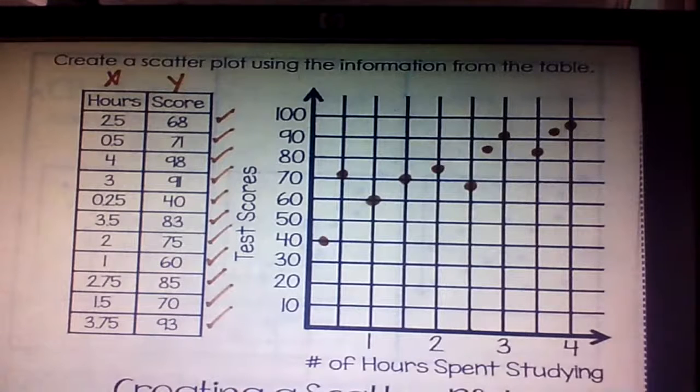Okay. Yesterday we talked about the different types of correlation. So once you get your graph done, what type of correlation does this graph look like? Positive. Would you say this was strong positive or weak positive? Strong. This is close on the strong side.